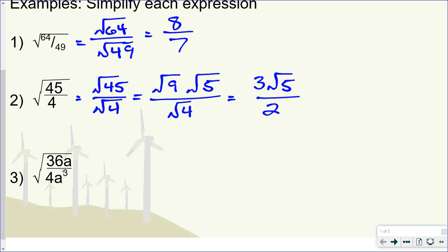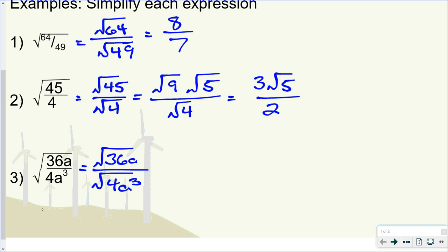All right, so let's look at another one here. So we have the square root of 36a over the square root of 4a to the third. I think I'm going to do this a different way.